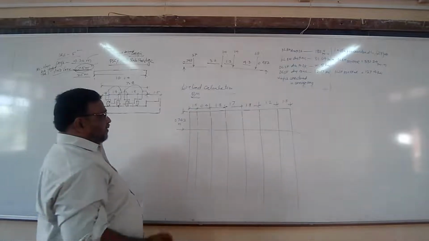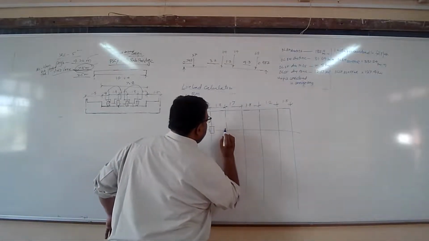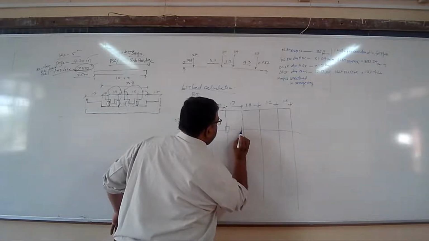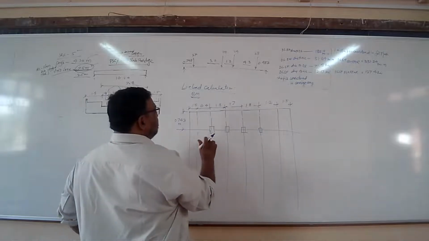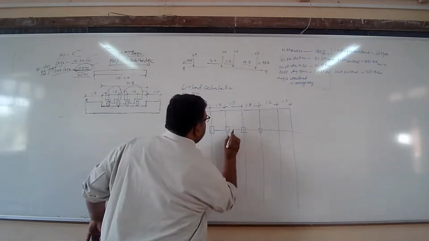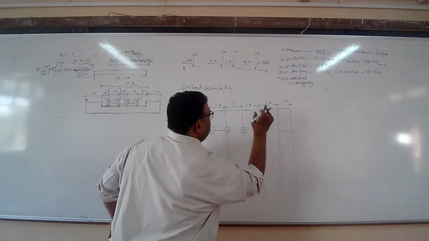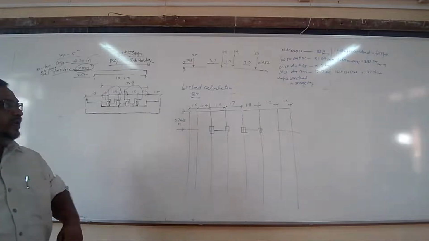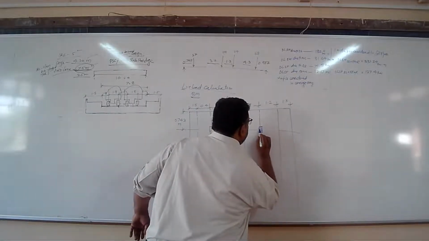There is a wheel here. One wheel will be here, one wheel here, one here. Is that right? This is one axle. This is the second wheel. Is it okay? This is how the position of the vehicle will look.